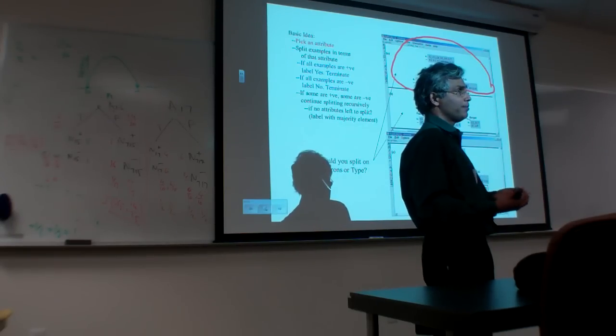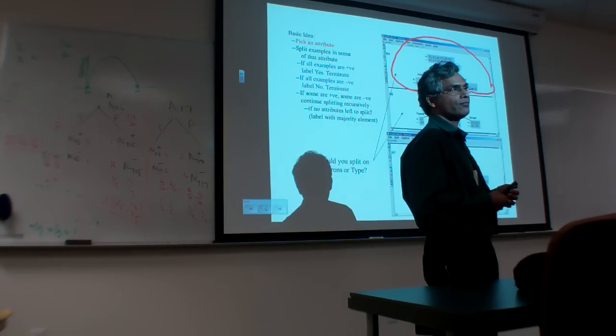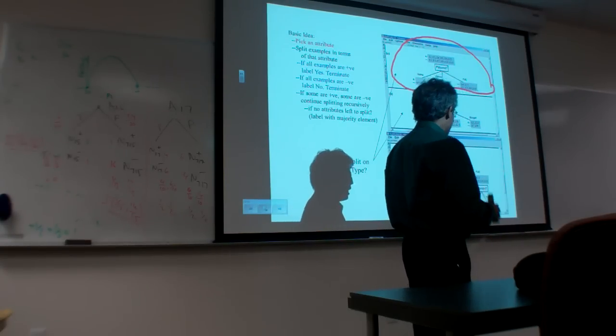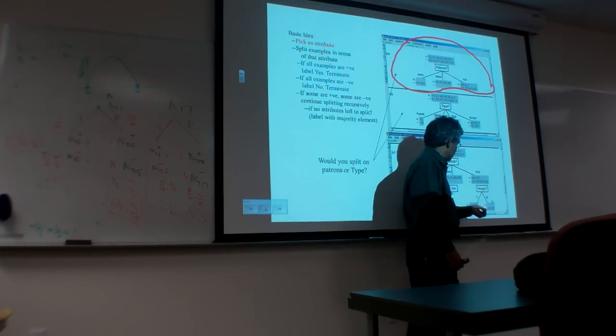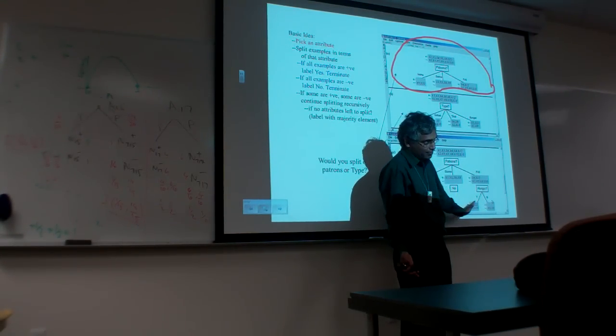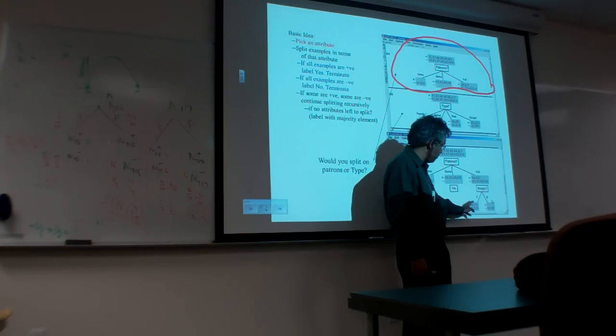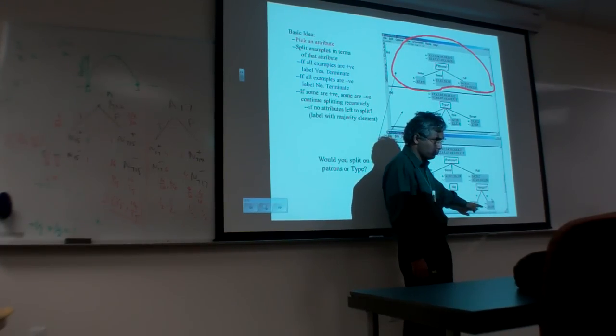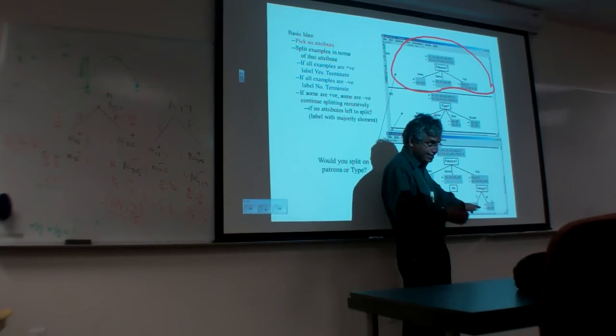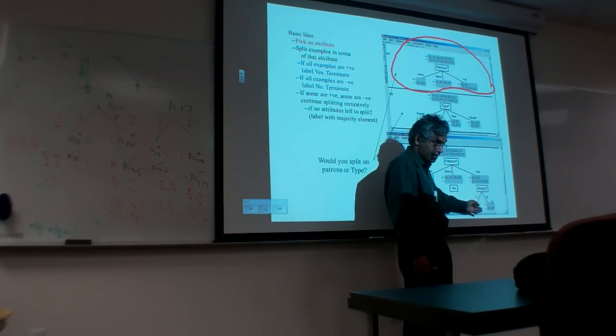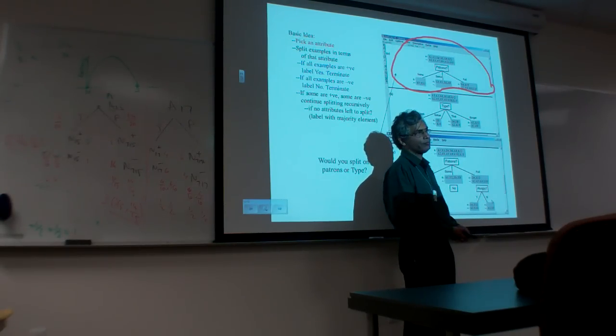That means the data is noisy. Right? So at that time, there's nothing to split here anymore. So you would just say, with probability positives by total, it's heads, it's yes, and with probability negatives by total, it's no.